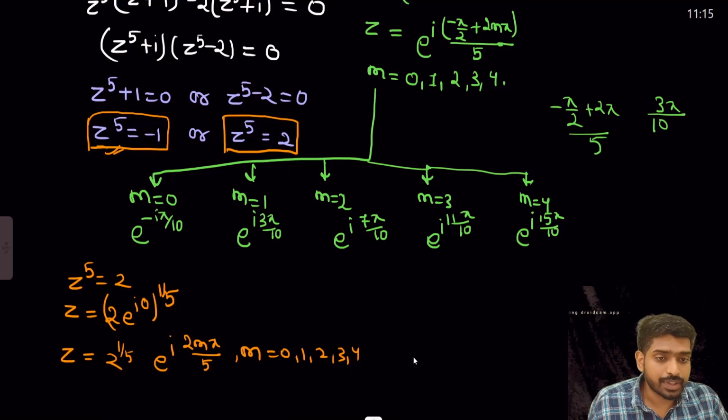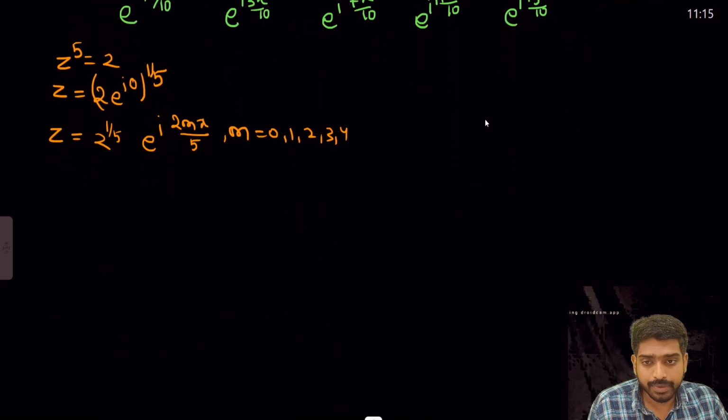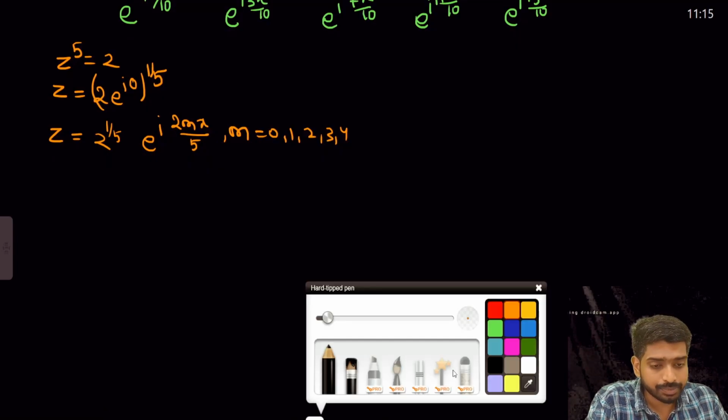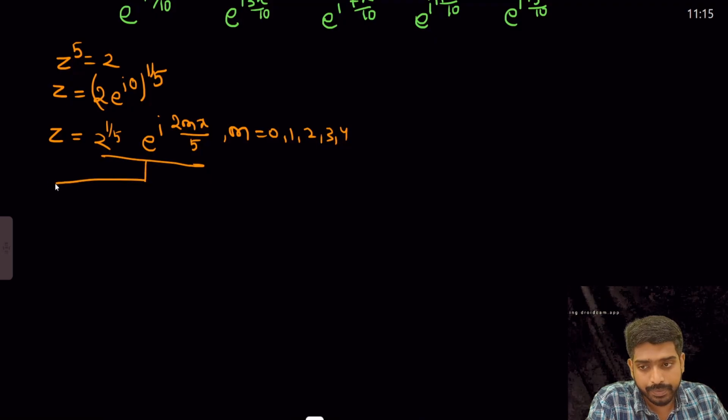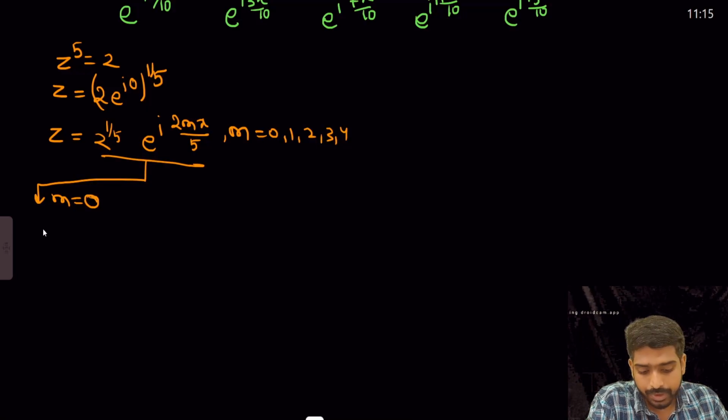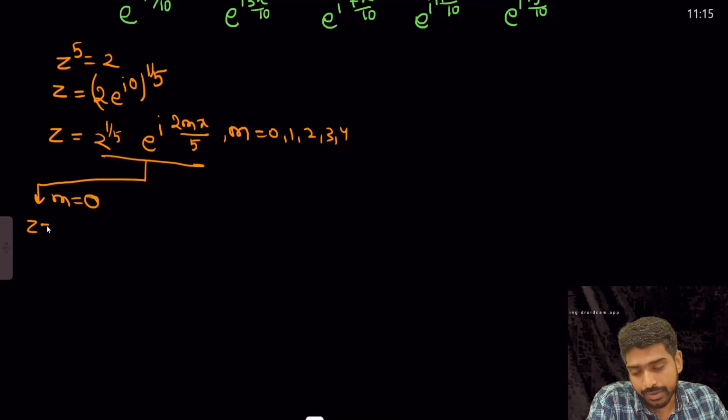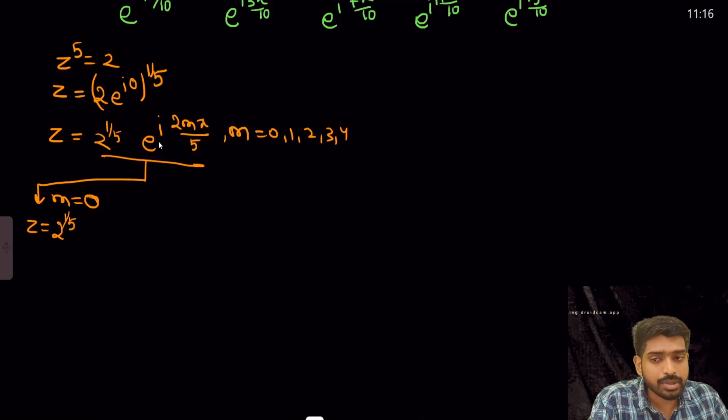So what are the solutions which we get from here? First we'll keep m value as 0. When I keep m value as 0, the value of z we get is 2 to the power 1 by 5, because e to the power 0 is 1.